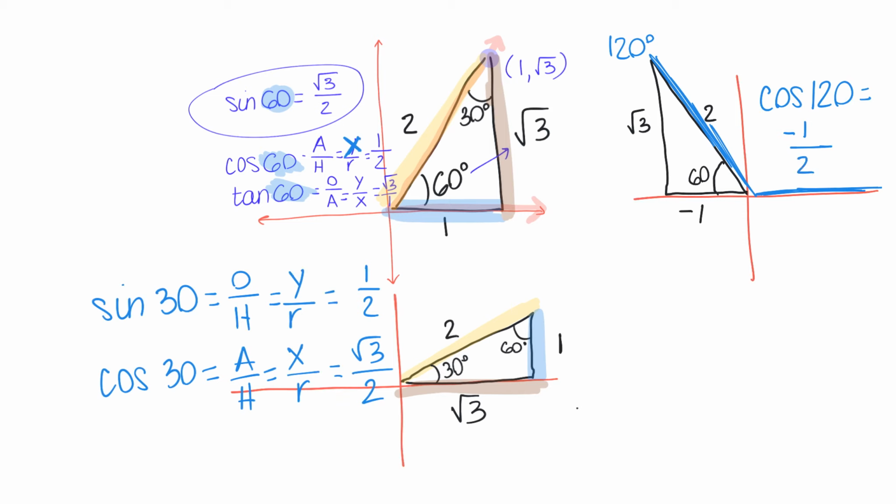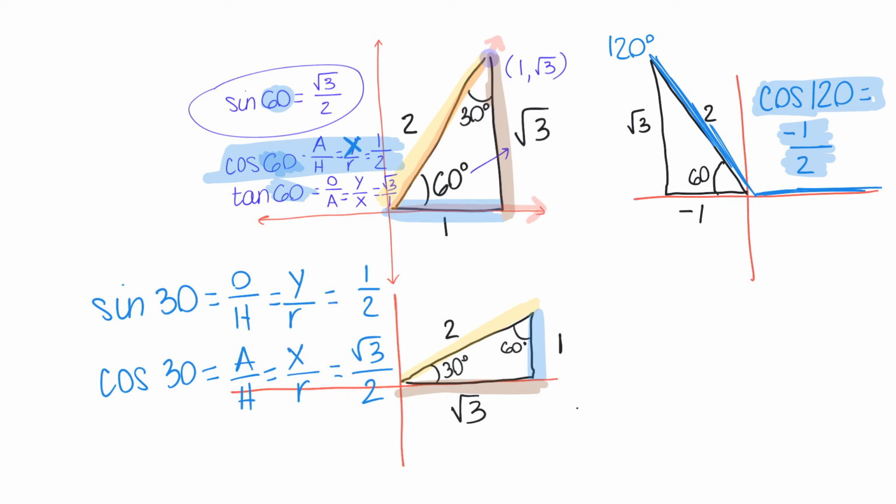So it's got the same value as 60, except it's negative because the x has changed directions, right? Because we're in quadrant 2. Same goes for quadrant 3 and quadrant 4. Your x and your y's are going to change from positive to negative as you move around.